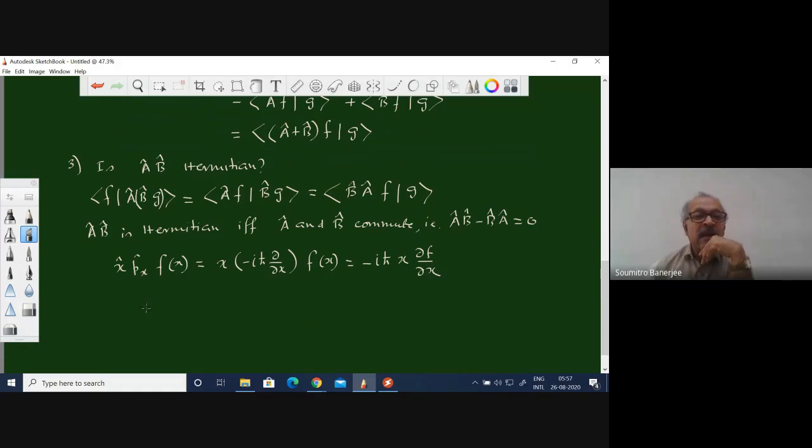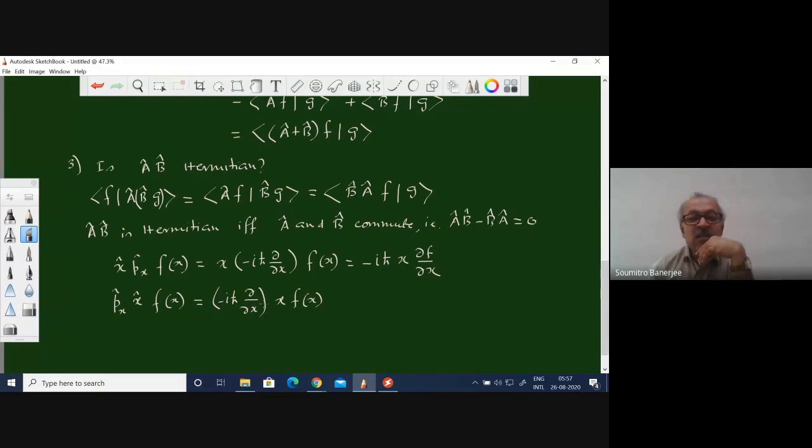And px x, in the opposite order, operating on f of x is minus i h cross del x, then x f of x.